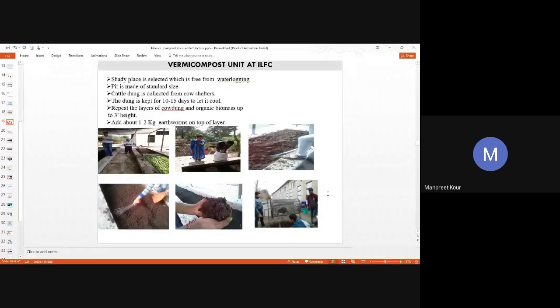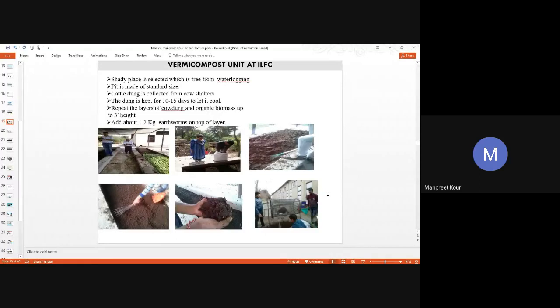The waste from 50 animals is huge, and we had a challenge to convert each and every part of their dung into compost. We made a vermicompost unit, because vermicompost is the main portion of the organic source.